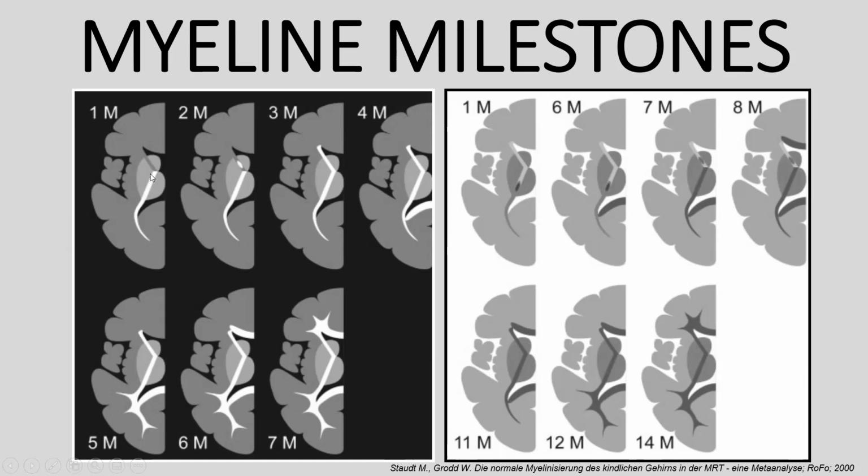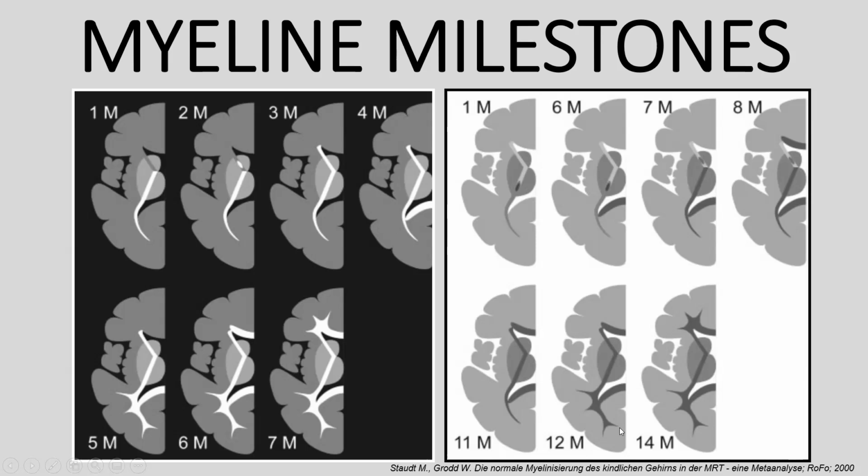Also notice that when we examine these milestones of myelination on MRI, we can see the tendencies or the patterns described by Barkovich recurring. We see that the myelination goes from back to front with the splenium myelinating before the genu of the corpus callosum, and the occipital white matter myelinating before the frontal white matter.